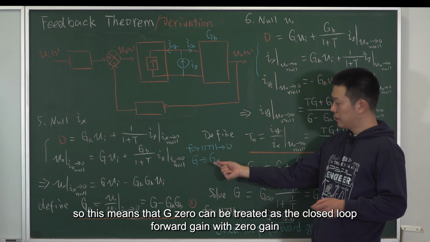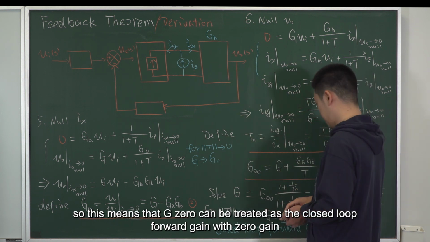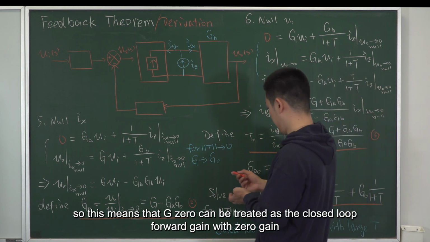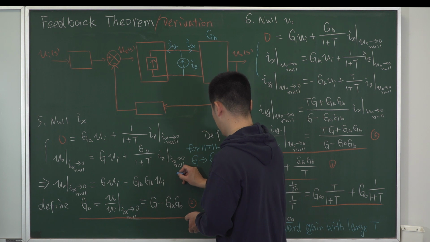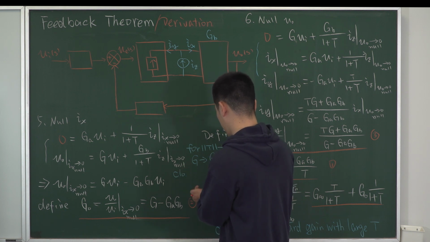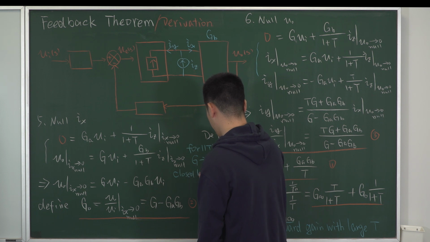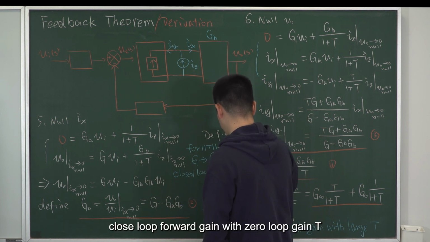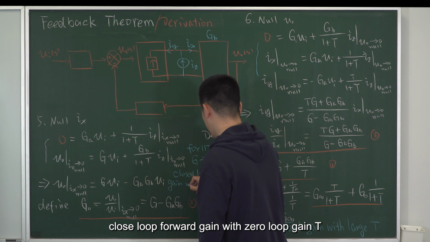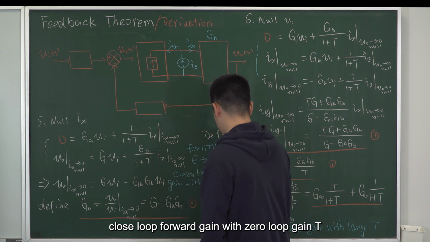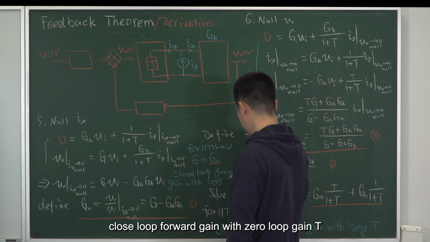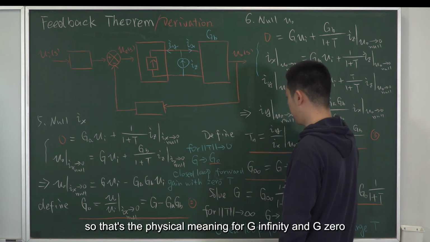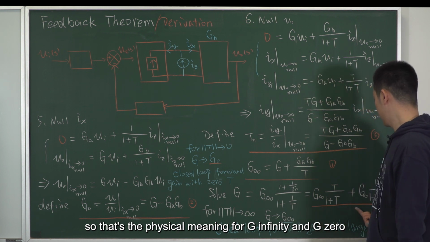So this means that G0 can be treated as the closed loop forward gain with 0 loop gain, T. So that's the physical meaning for G infinity and G0.